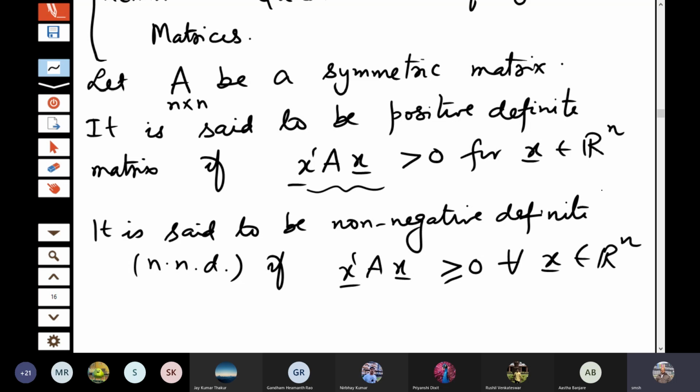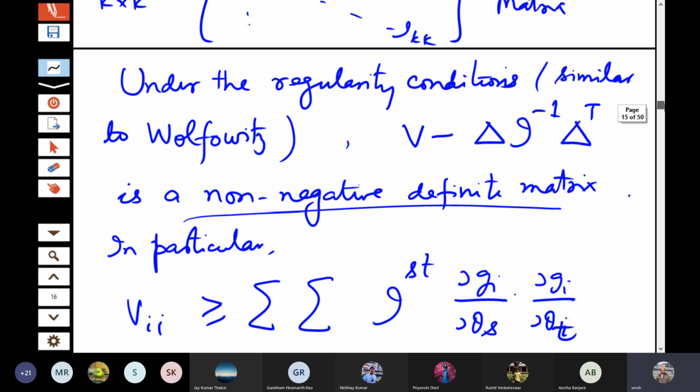So from here, I am saying that V minus delta I inverse delta transpose is non-negative definite. Therefore, the diagonal terms become non-negative.